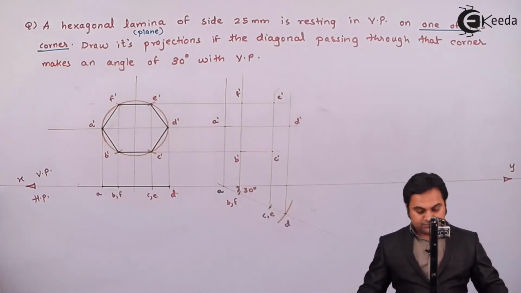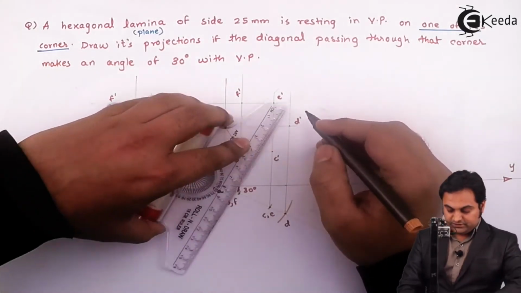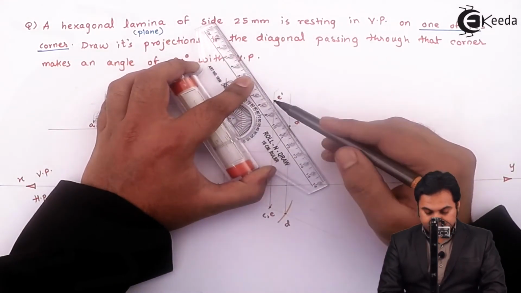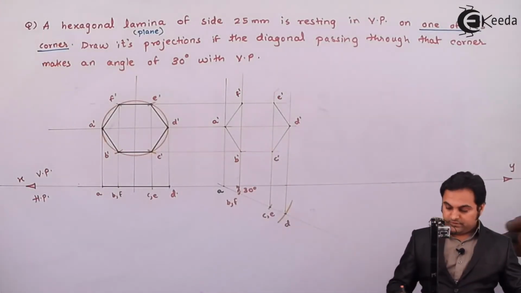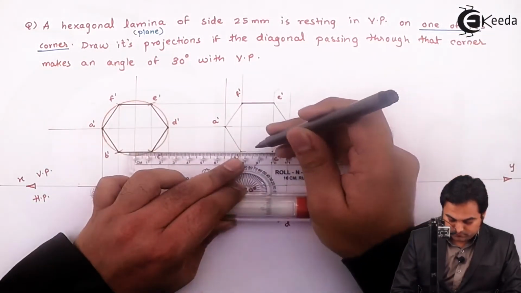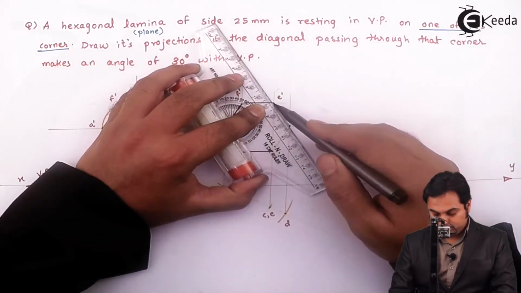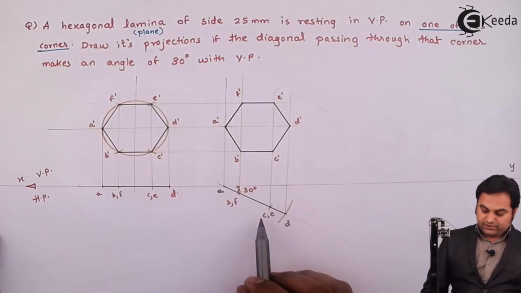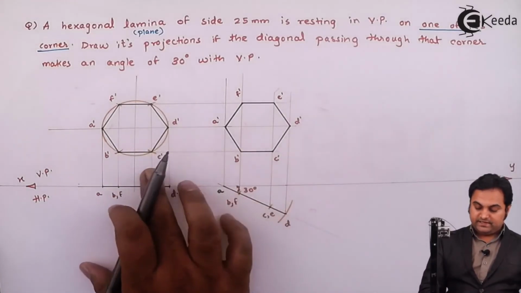Joining them in proper sequence. A dash to B dash, B dash to C dash, C dash to D dash, and in order. Then making all these lines dark. So this is the front view, here is the top view of the plane looking like a line, and since it is inclined, here the shape has slightly changed.